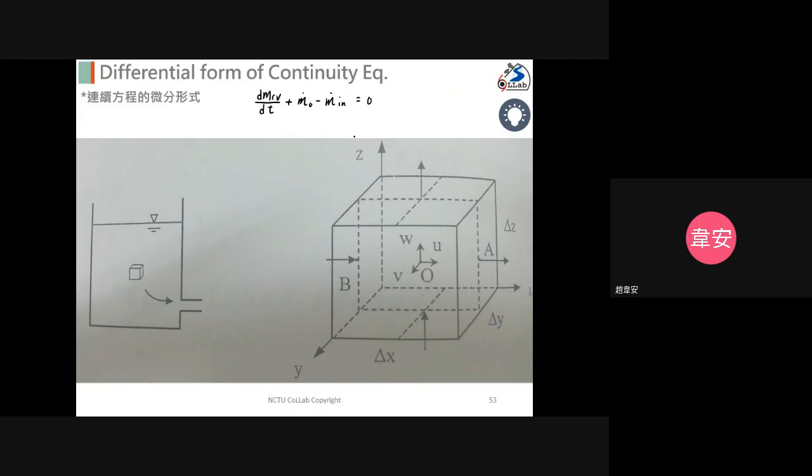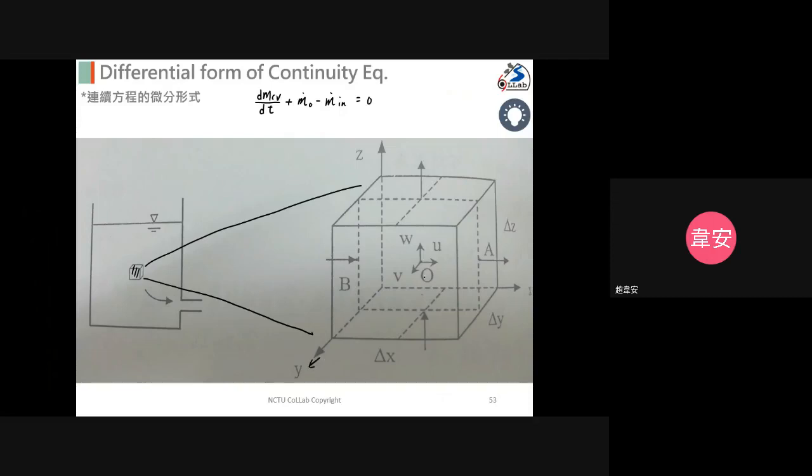Usually we call this mass conservation. But right now we move to a different system. The system we focus on is a small cubic fluid particle.